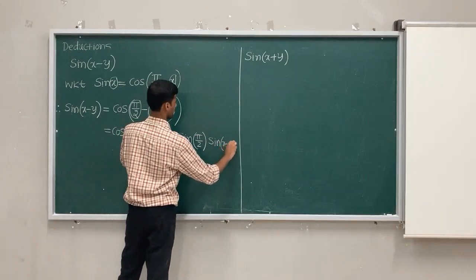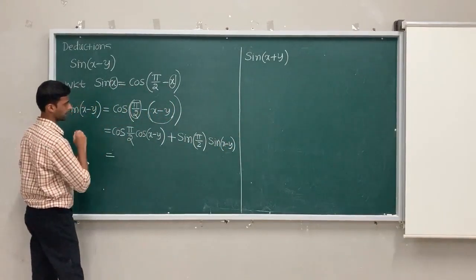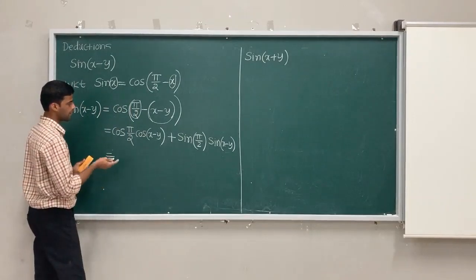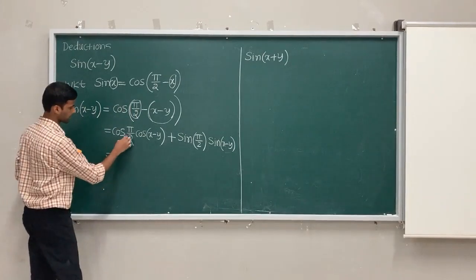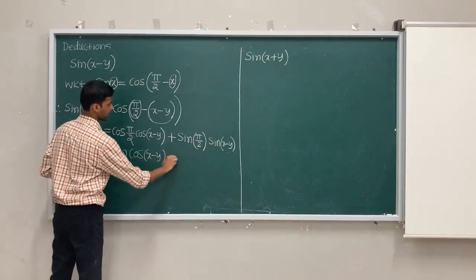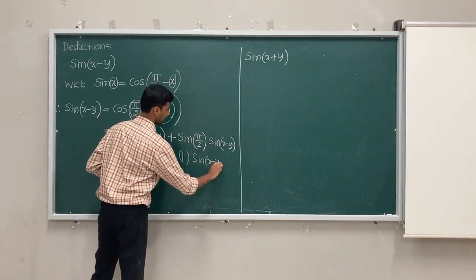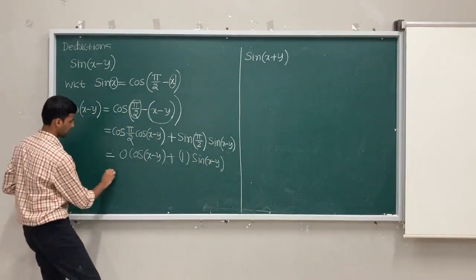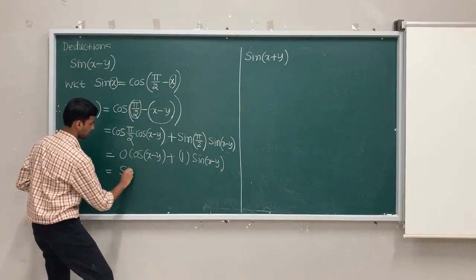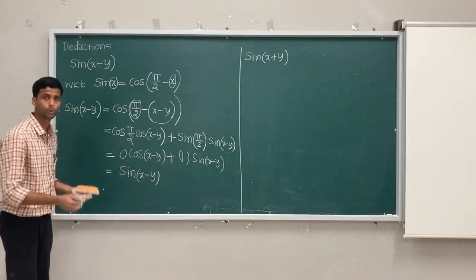But here we have one problem. Cos 90 is 0 and sin 90 is 1. So we get 0 times cos of x minus 1 plus sin of x minus 1. Again we get the same expression, which is of no use.